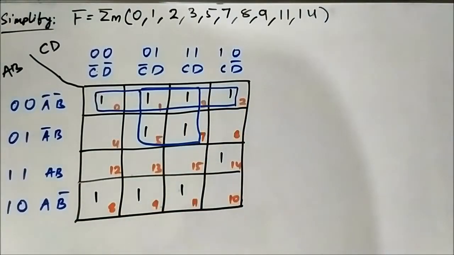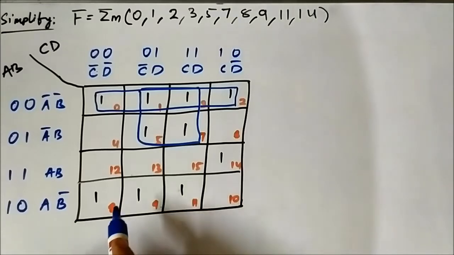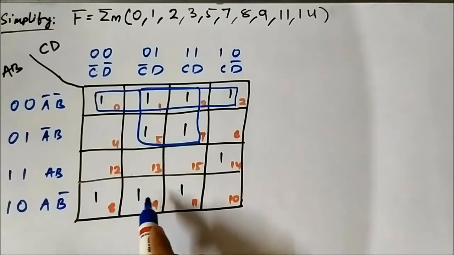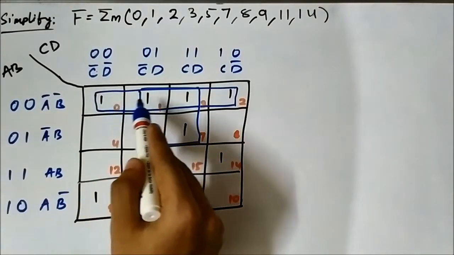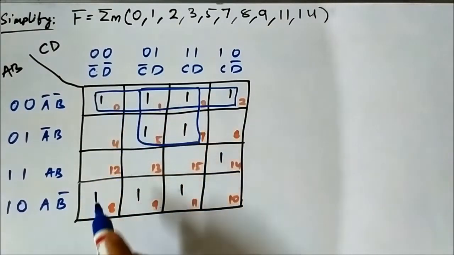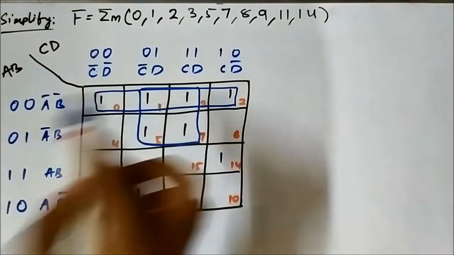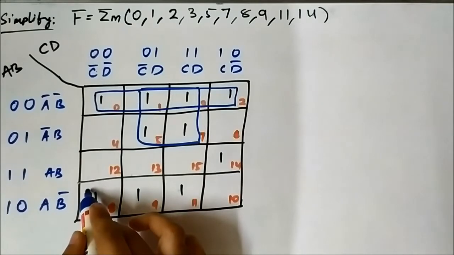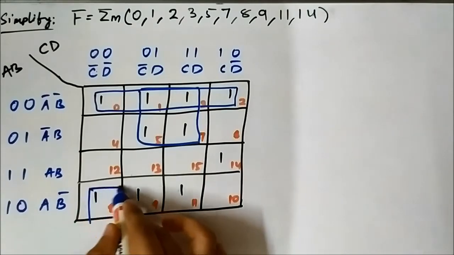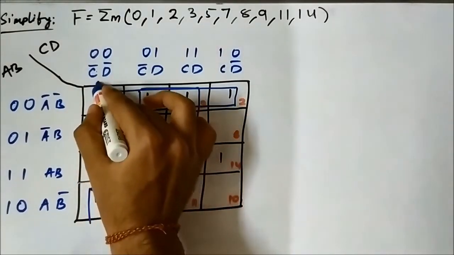Then pay attention to cells 8, 9 and cell 0 and 1. Another quad.